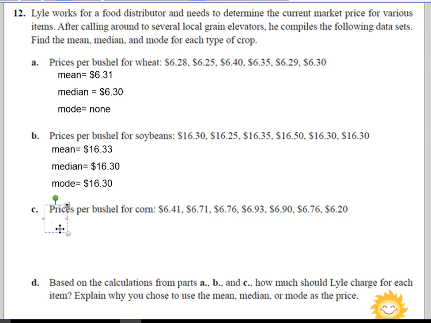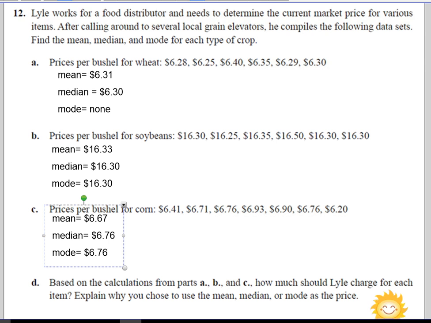And then for corn, we had a mean price of $6.67. The median price of corn is $6.76. And the mode for this would be the $6.76 as well.